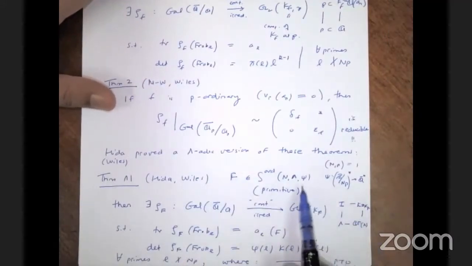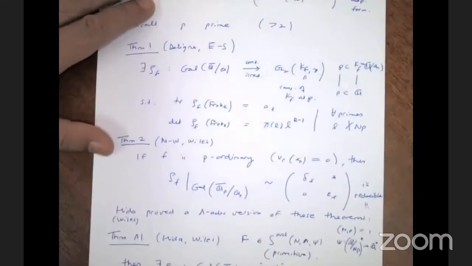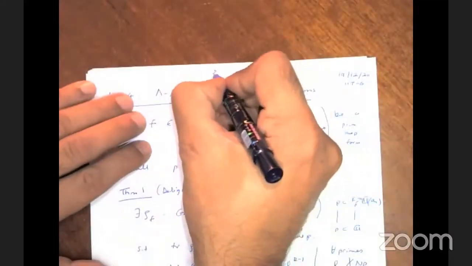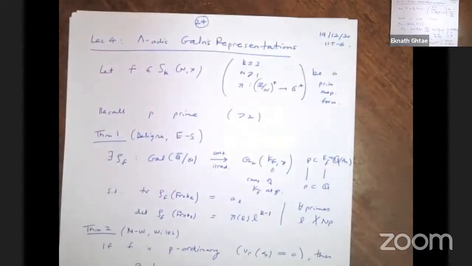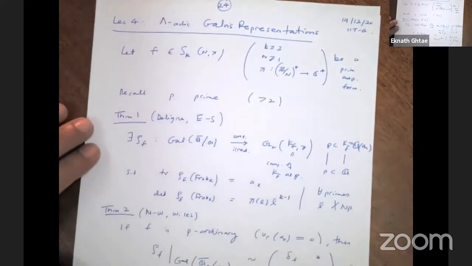There's only a lambda-adic form with the character psi. And what is that kappa of l, and nu_p of l? I'm going to define them in a second. Let me put page numbers in so that when you're splicing the videos together, there's no confusion. 24. I'll define kappa and nu in a second. Good question.